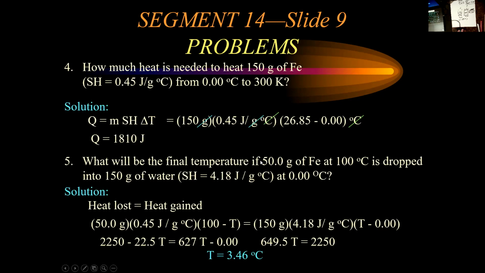Now, if I'd had 150 grams of iron at that temperature with 50 grams of water, I don't know. I really need to multiply the mass times the specific heat to see which one it would be closest to. But in this case, it's obvious. I've got more water and I've got a higher heat capacity for water. So the temperature is going to be closer to the water value than it would be to the other one.